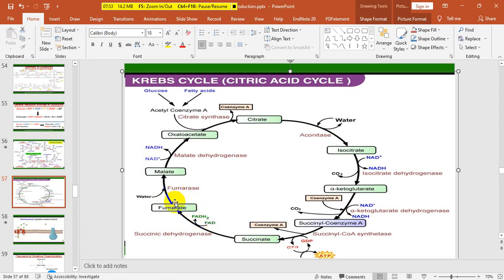Then fumarate, when we add water to fumarate, we produce malate. Then when malate is also oxidized by removal of two protons, we produce NADH under malate dehydrogenase.